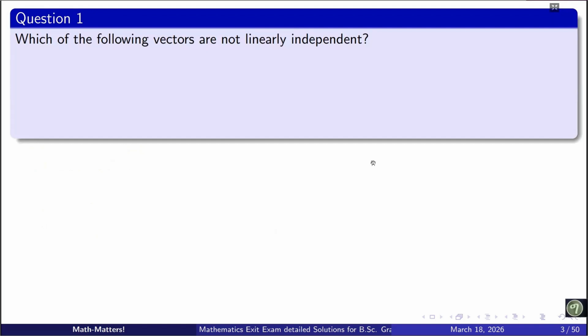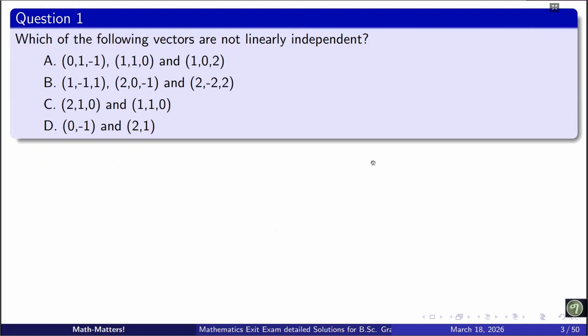Question number 1 says, which of the following vectors are not linearly independent? We know that in order to answer such a question, what we have to know here is the criteria for two or more vectors to be linearly dependent or independent.